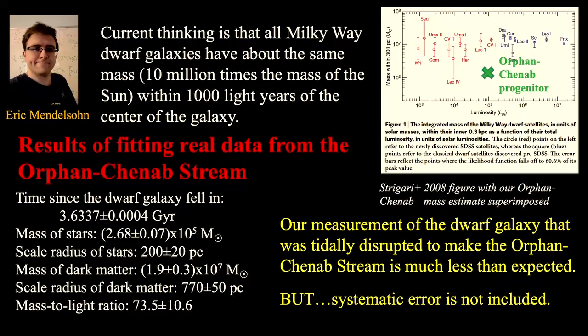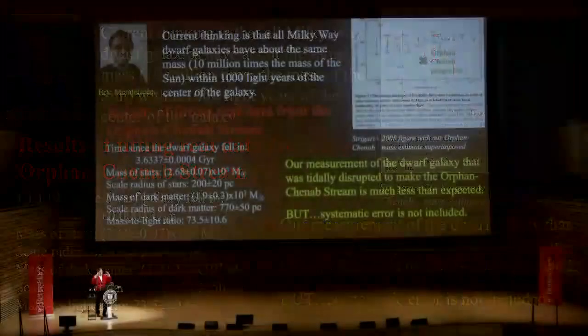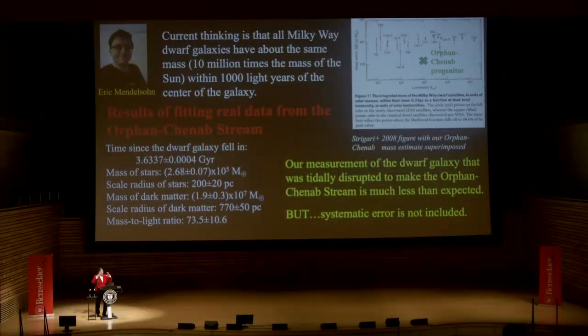And most of that, almost all of that mass is in the dark matter. Okay, so that's the current idea, is that maybe the amount of stars might go down, but there's a minimum mass for what the dark matter of one of these dwarf galaxies falling in is.